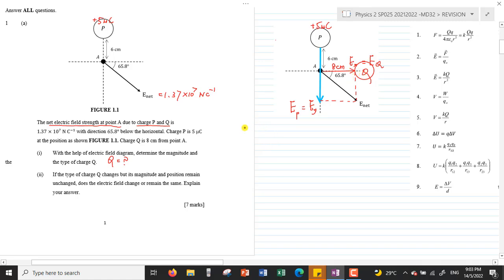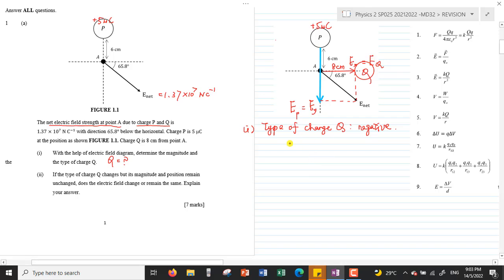So the type of charge Q will be negative, according to the electric field diagram I drew.